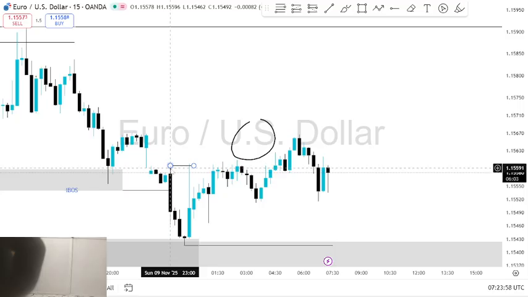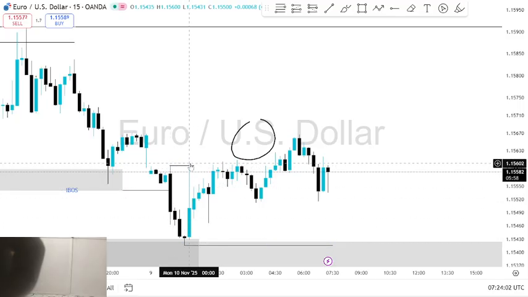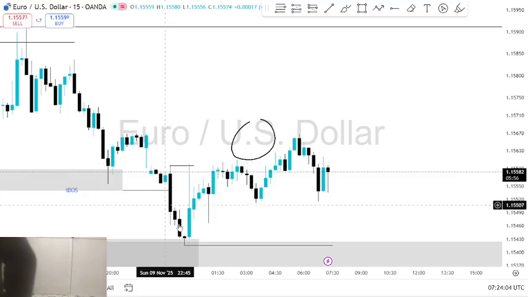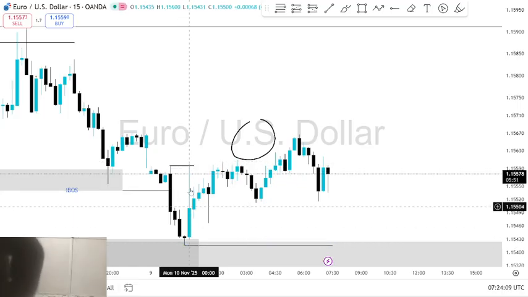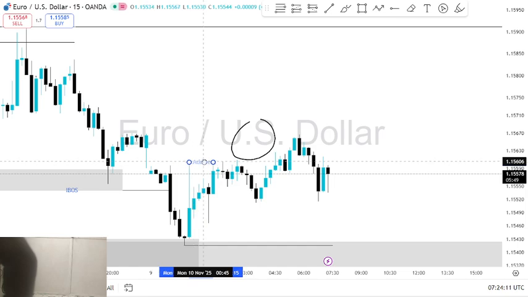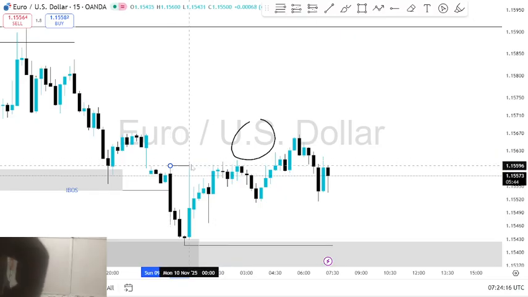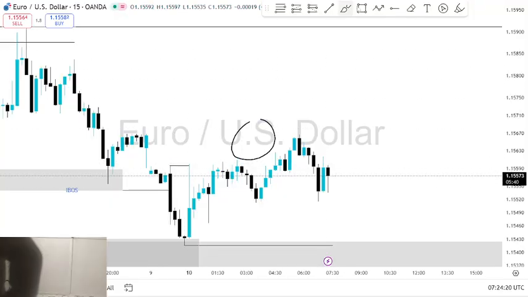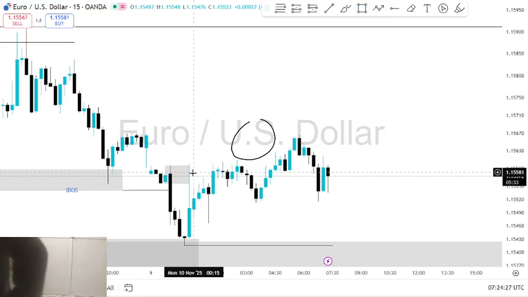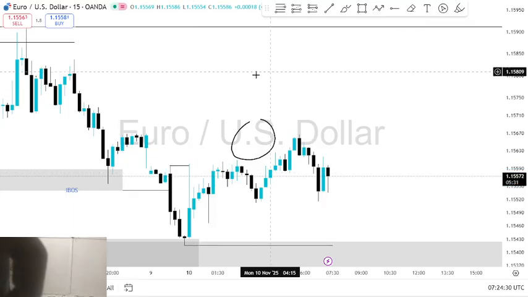So we moved to the upside and moved strongly to the downside. We came back to close above here, right? So then here became a fractal low, and here became a fractal high. So we've changed character. Here we had this supply region. It got swept. We didn't have any flip zone.